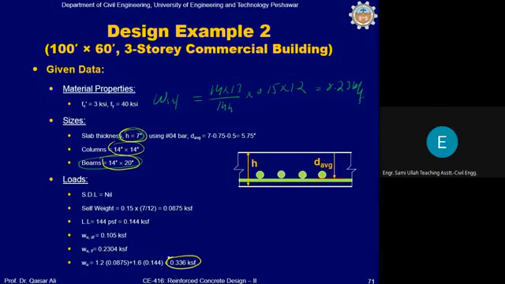And the total load acting on the slab is calculated and it is equal to 0.336. Please जरा नोट करें अपने साथ.